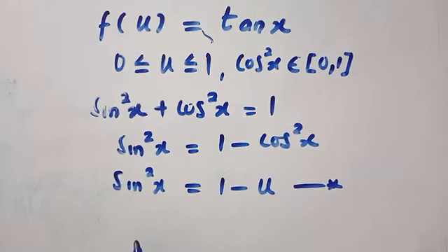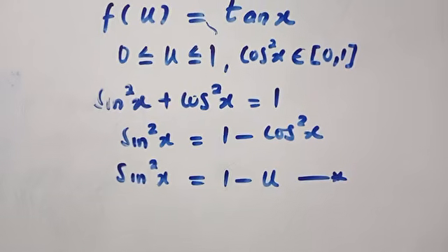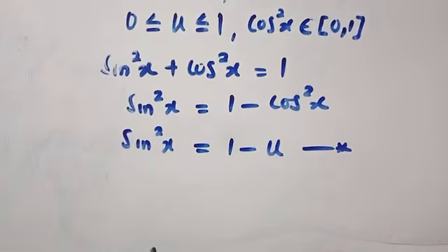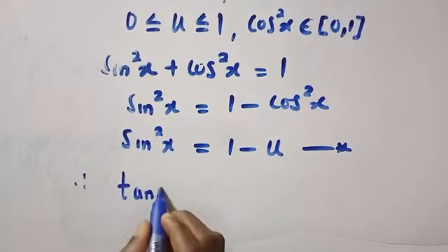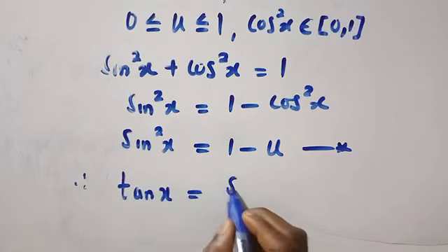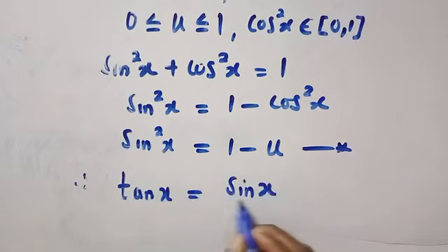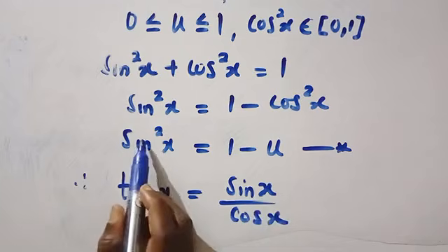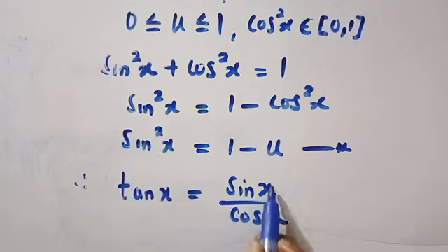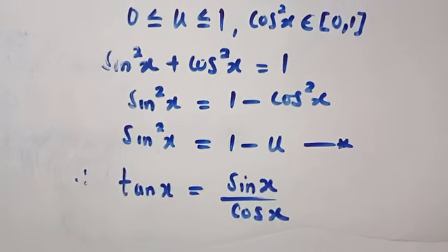In the third step, we want to express tan x in terms of u. To achieve that, we recall the identity of tan, which gives tan x as sine x divided by cos x. Here we have sine squared x, and we only have sine x.